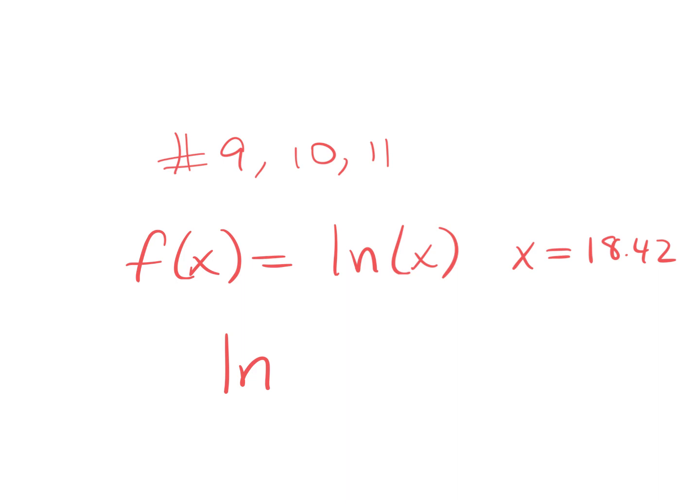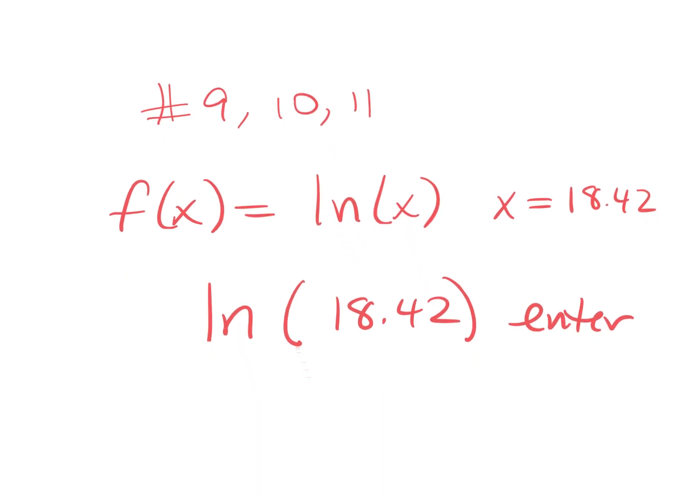It's the 2 buttons up above the on button, and then it'll open a parenthesis. You put in 18.42, close the parentheses, hit enter, and this is going to give you a decimal. You're going to round it to 3 decimal places, and you should be getting 2.913. So it's just a matter of hitting that button, putting the decimal, closing the parentheses, and hitting enter. So these 3 questions in the homework, just calculator. The rest are all questions without the calculator, applying the properties.